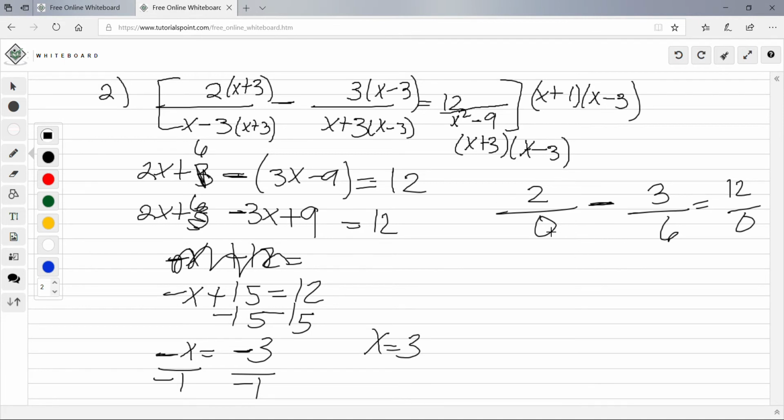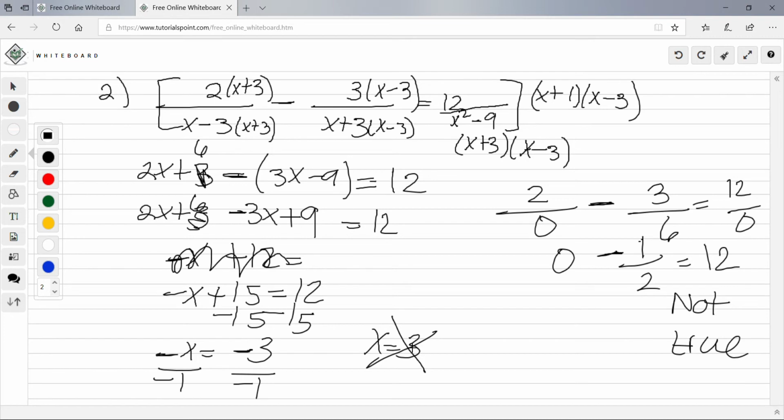This part is 0, so that's 0. Minus 3 over 6 is reduced by 3, so it's 1 over 2. Is this true? No. Not true. So x does not equal 3. So we have no solution for this problem.